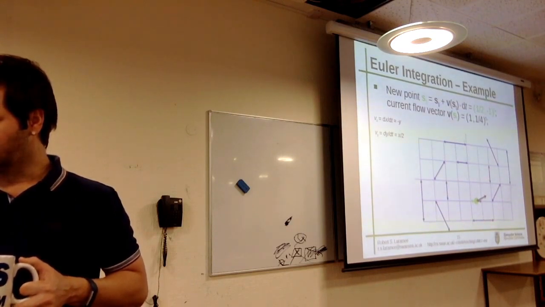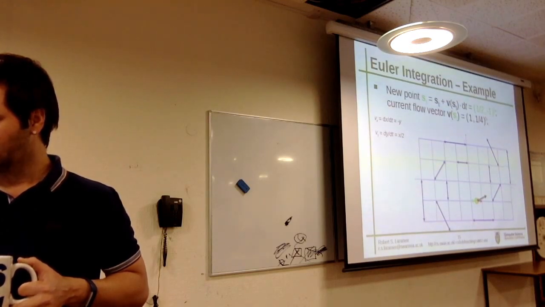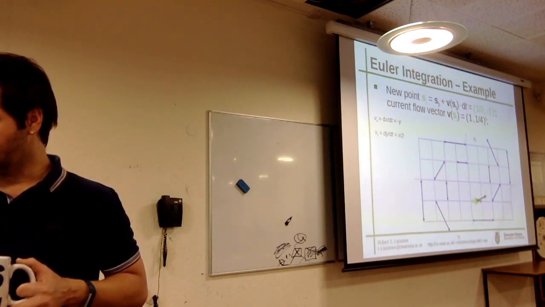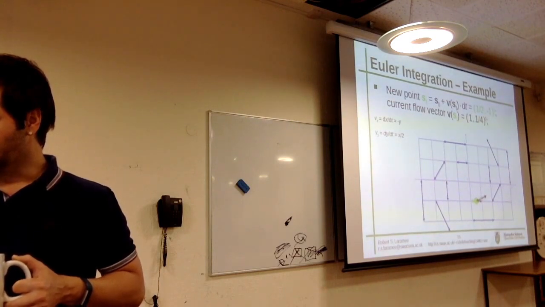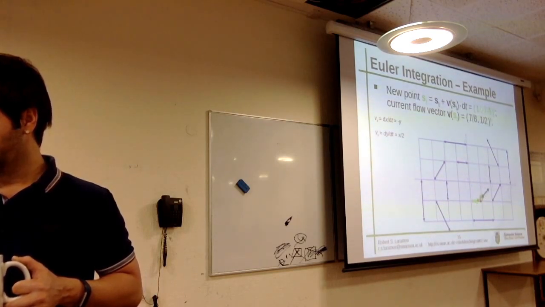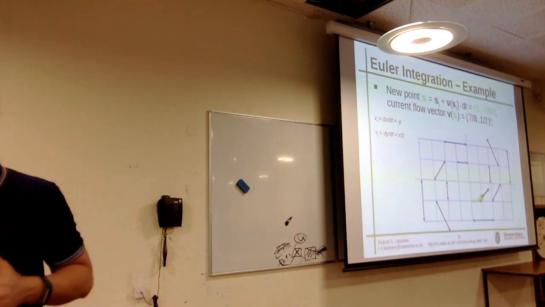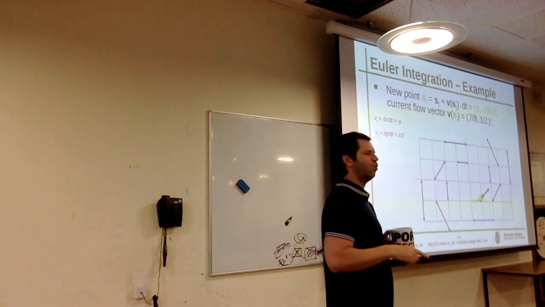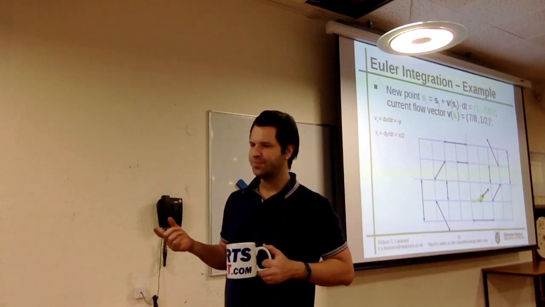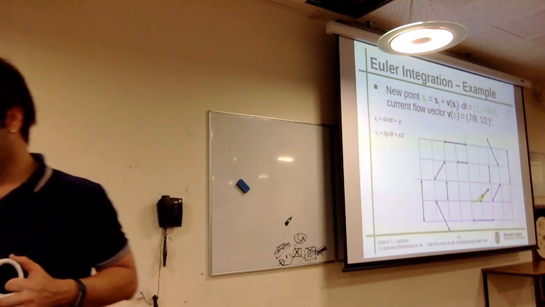We evaluate the velocity there to get the next component. So the next component is 1 and 1/4, right? And that's this vector, by the way. So the next point along the streamline is we multiply that vector by a half, and we end up with a point right here. And we do the same thing over and over and over again to compute the whole streamline, right? We evaluate the velocity.